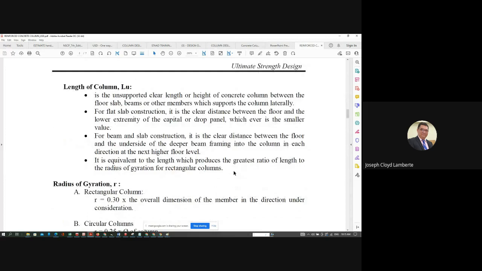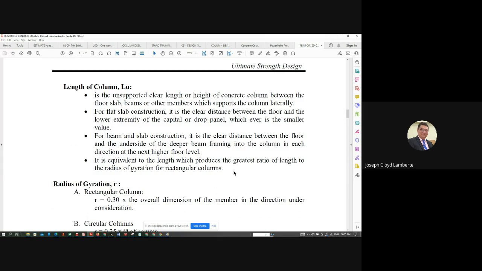Okay. Length of column, LU. Basically, L sub U is the unsupported clear distance or length. LU is the unsupported clear length or height of a concrete column between the floor slab, beams, or other members which support the column laterally.